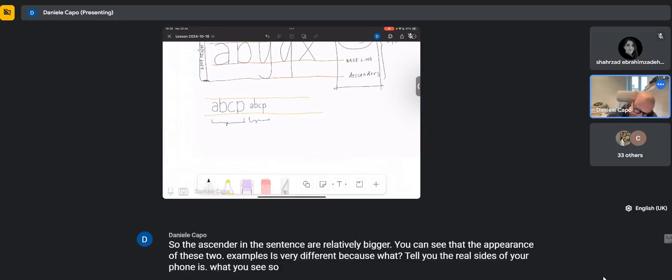So the x-height is the main zone for your letter.